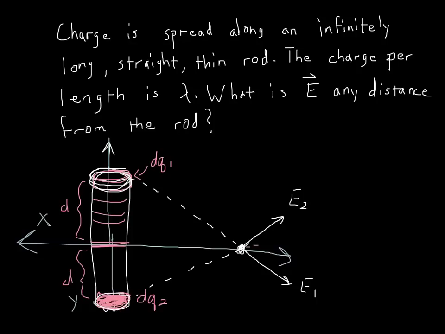So we have some little piece in the X direction and some little piece in the Y direction for each. What we see here is E2Y is equal and opposite to E1Y. So all the Y direction electric fields are going to cancel each other out.